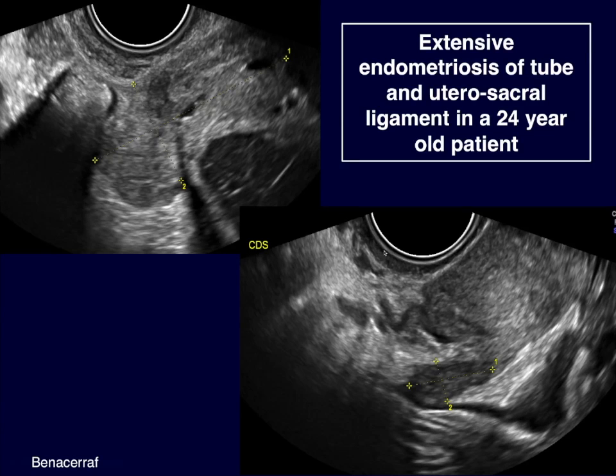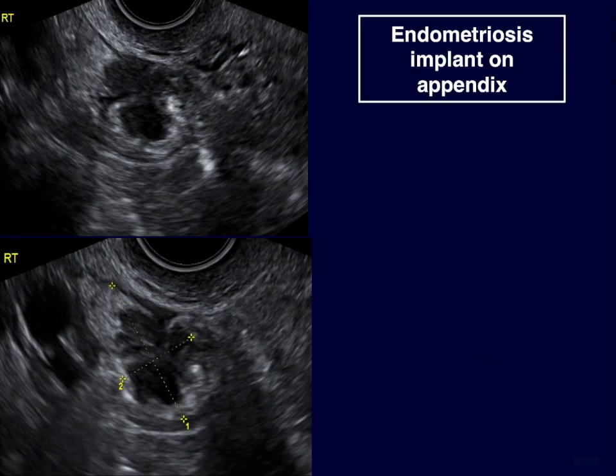But if you look around at the rest of the pelvis, you'll see here in the uterosacral ligament region that there is a solid lesion here and maybe some other areas here and there that are evidence of deep infiltrating endometriosis, and so that really fits in with a diagnosis of extensive tubal and pelvic endometriosis.